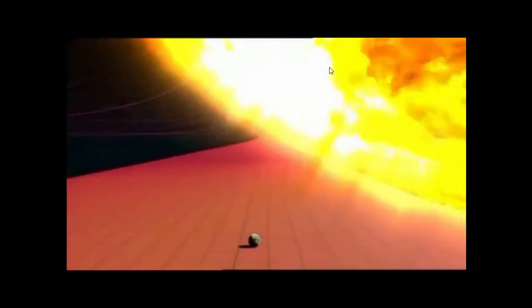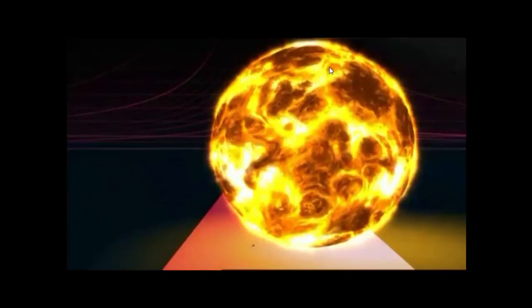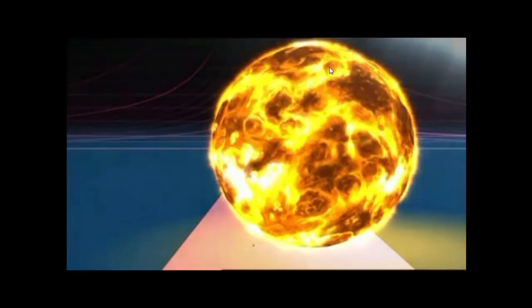The sun is 93 million miles away, and that means in actuality it's immense. You could fit 1 million Earths inside the sun. It's over 1 million kilometers in diameter, yet our sun is tiny compared to the really big stars out there.